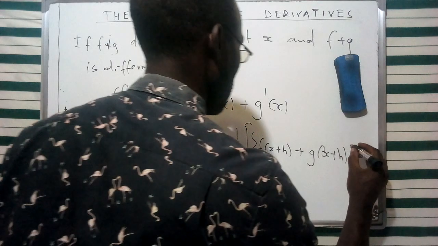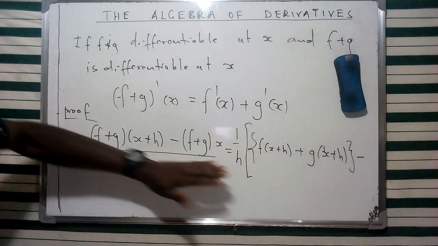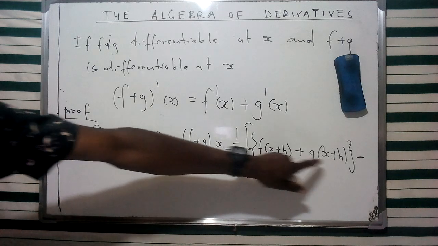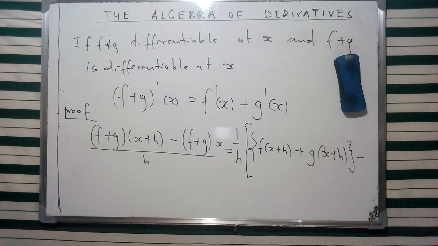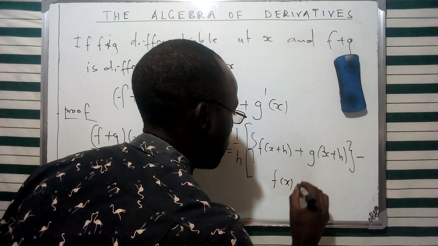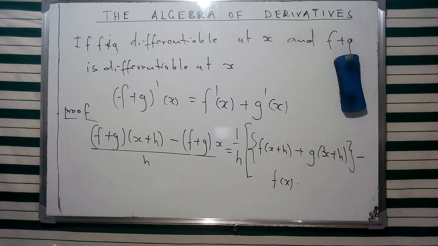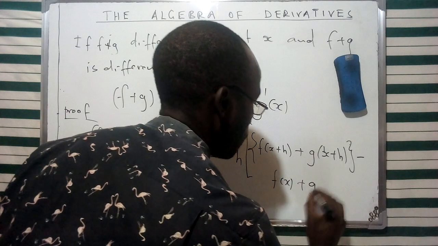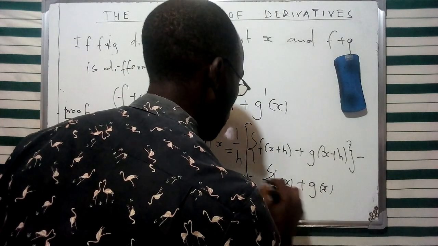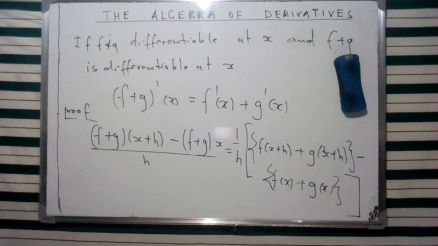And then we have minus the second set without this small consideration for h, which is f of x plus g of x. So this is going to be a summation over these two sets of functions, whereby we have this one minus that one. Of course, this is going to form a set of that specific derivative which we have said.